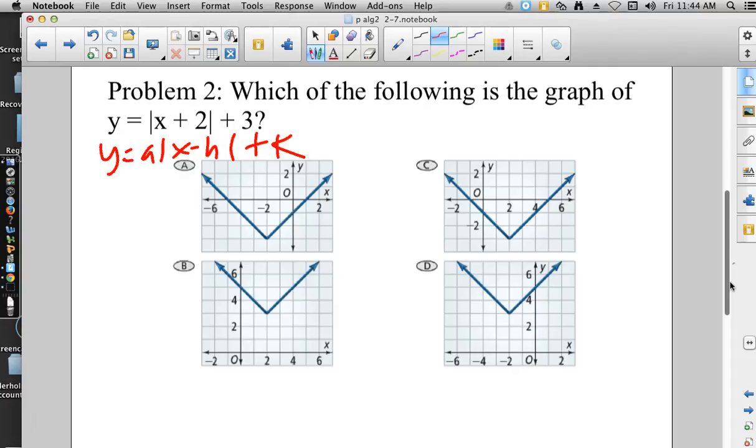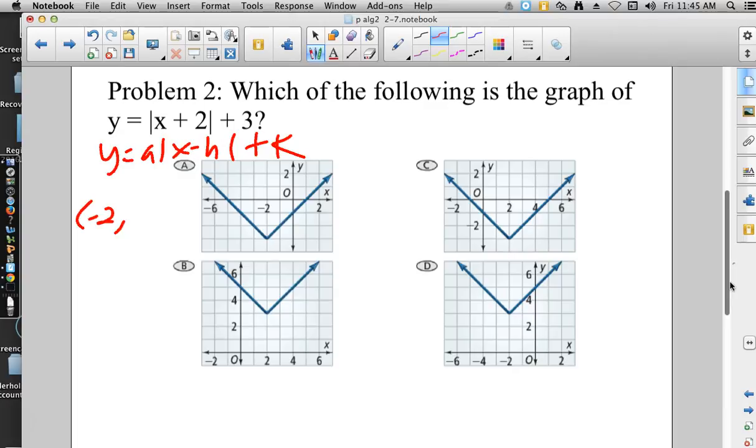So let's see. I could make my normal graph, but then I'm going to have to move it. And if I'm going to have to move it, my vertex will move. So my vertex right now is at 0, 0, but this is telling me to move it which way? So it'll be a -2. And this is telling me to move it which way?